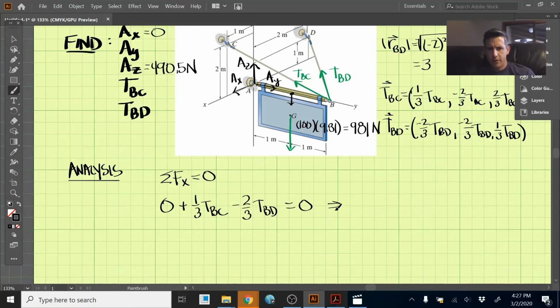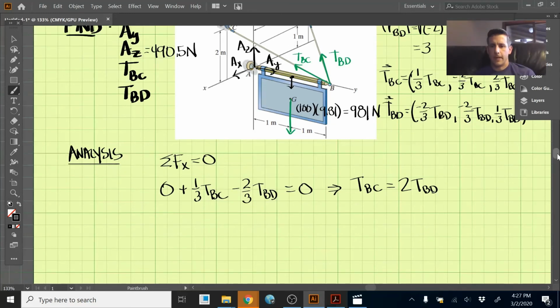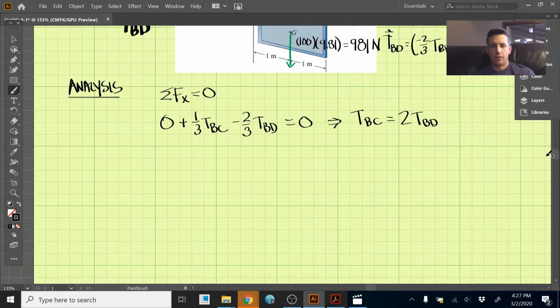And through this, we find out that TBC is equal to 2 times the tension in BD. All right, we have 2 unknowns in this equation, so we can't directly solve, but we have that relationship that we can use later. All right, let's take the sum of the forces in the y direction.